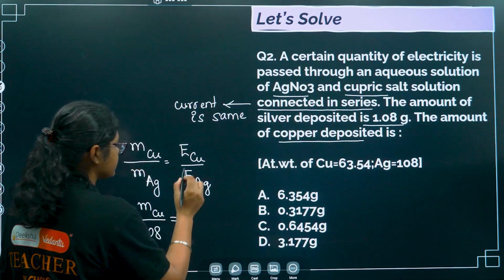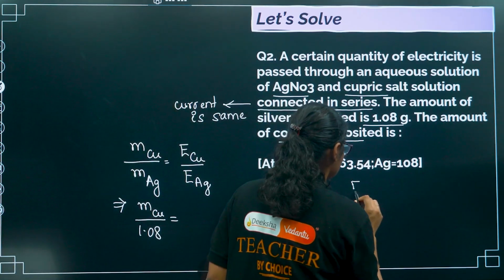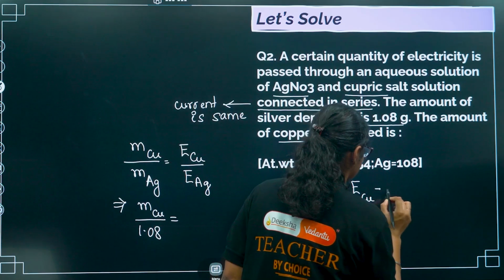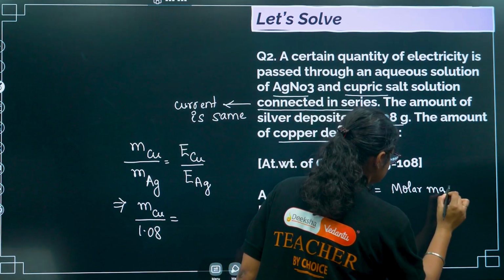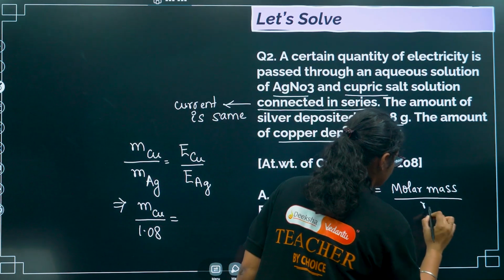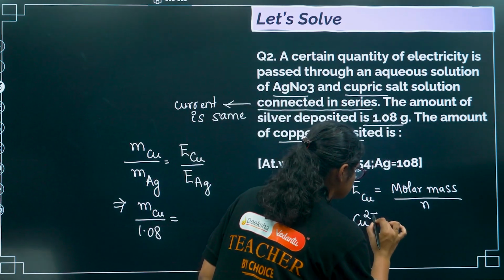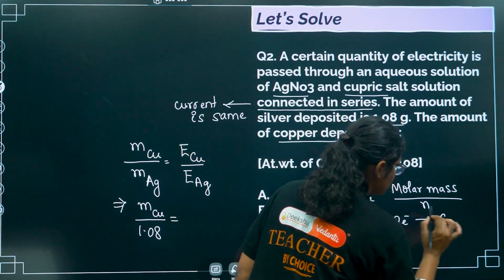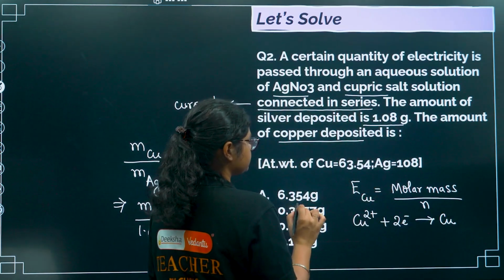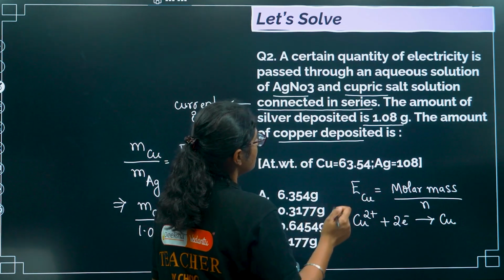Okay. Next, equivalent weight of copper: how to calculate equivalent weight? If you remember, equivalent weight is molar mass divided by N, right? So how will copper get deposited? Cu2+ plus 2 electrons will give you Cu, right?